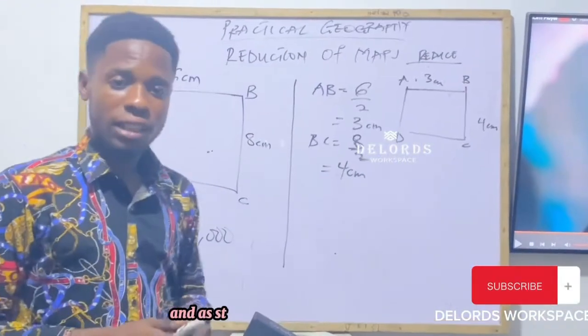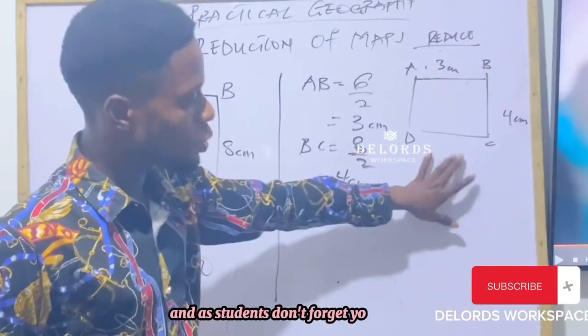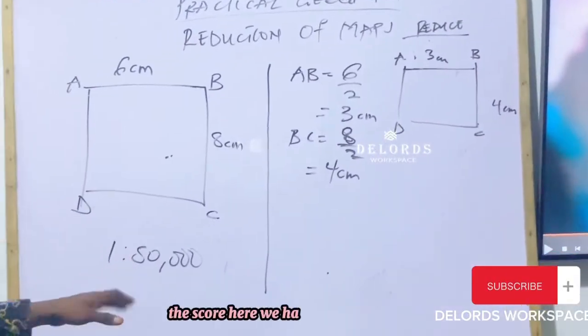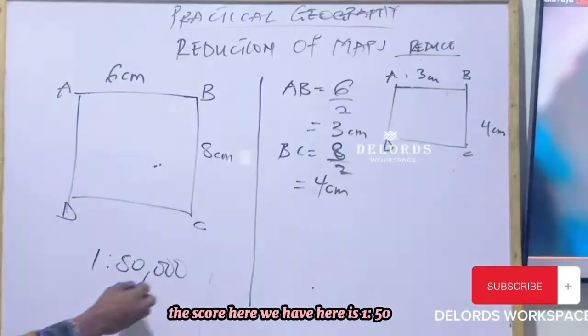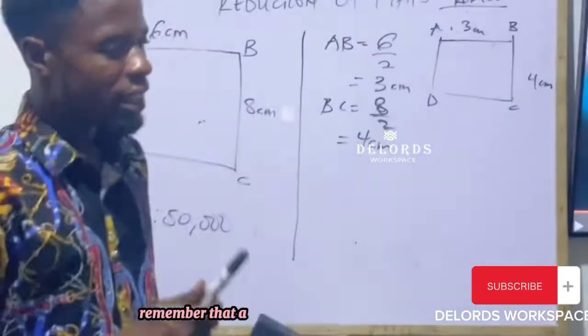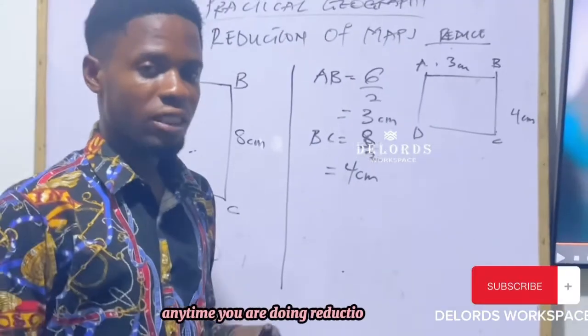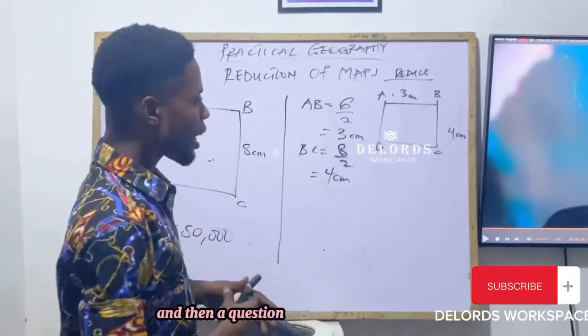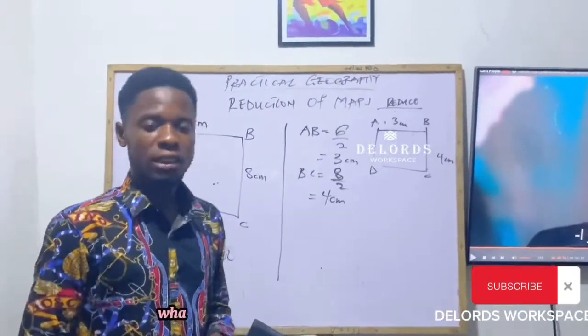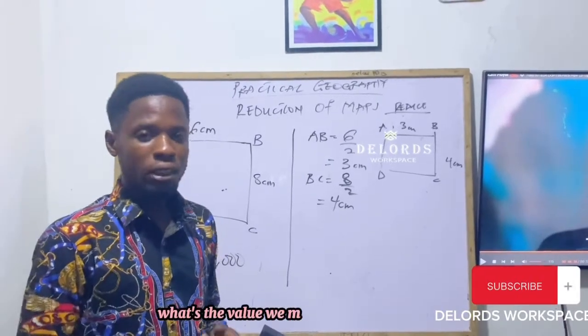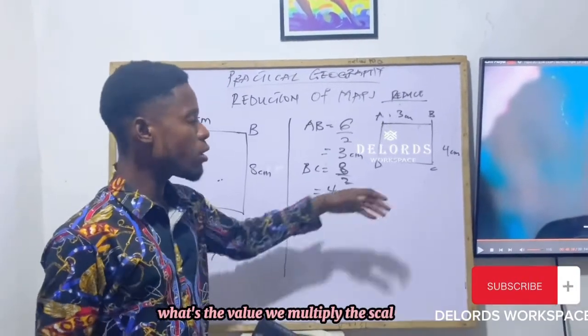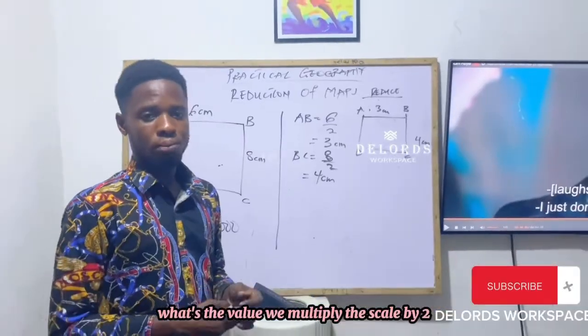And as students, don't forget the scale. The scale here is 1:50,000. Remember that anytime you are doing reduction of map, and the question asks you to find half of the value, we multiply the scale by 2.